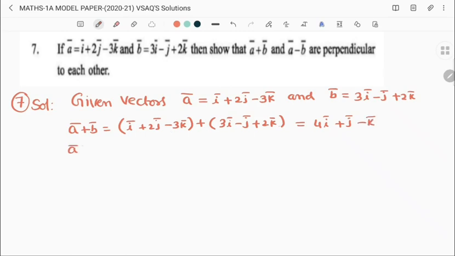Next, calculate a bar minus b bar. So i plus 2j minus 3k minus 3i minus j plus 2k. i minus 3i is minus 2i. 2j minus of minus j, 2j plus j is 3j. Minus 3k minus 2k, so minus 5k.